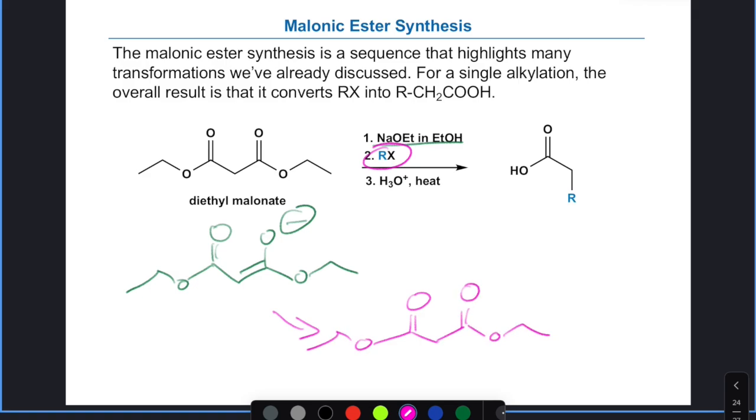The nice thing about these chemistries is I can do the deprotonation, I make the enolate, I then surgically install my R group, and if I want, I'm done. I've installed my R group, I'm finished with it. These next two steps, heat and acid, we're going to do saponification, decarboxylation in two different steps to give us back here.